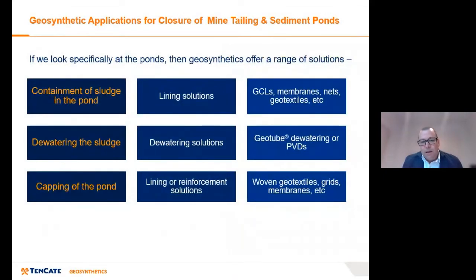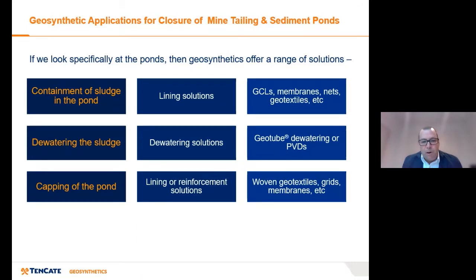So if we look at a water or liquid containment pond on a mine site, geosynthetics can be used in 3 different applications. The first is when you're actually building the pond. You may use geosynthetics if you're lining it, so things like geomembranes or GCLs, as well as other materials.